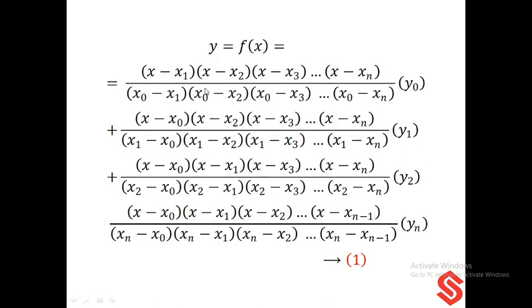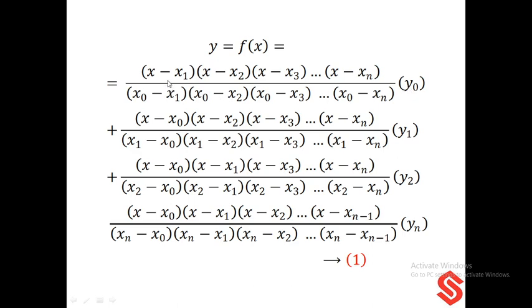Then we have Lagrange's interpolation formula: y = f(x) = first term (x − x1)(x − x2)(x − x3) and so on up to (x − xn), divided by (x0 − x1)(x0 − x2)(x0 − x3), etc., (x0 − xn), into y0.